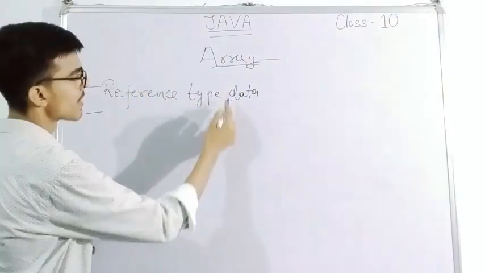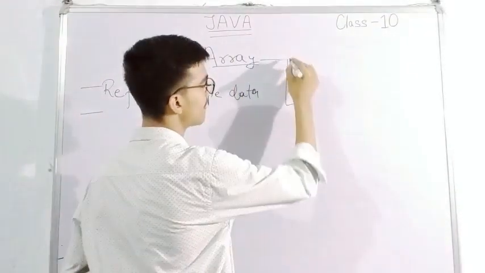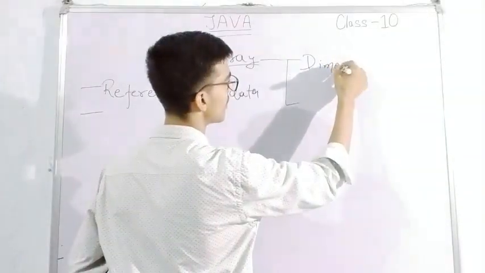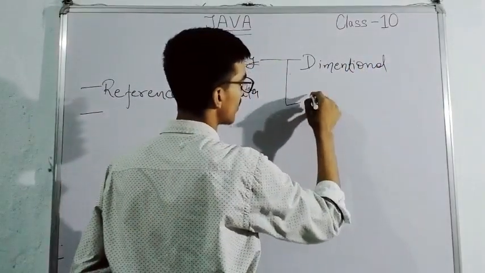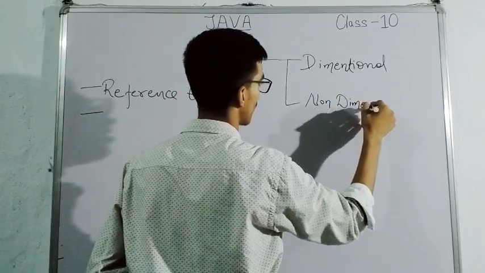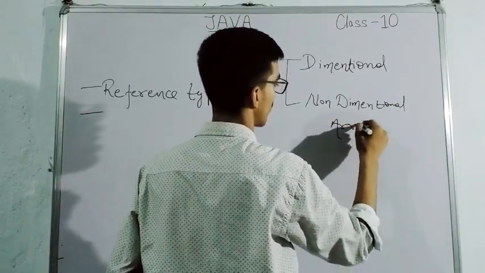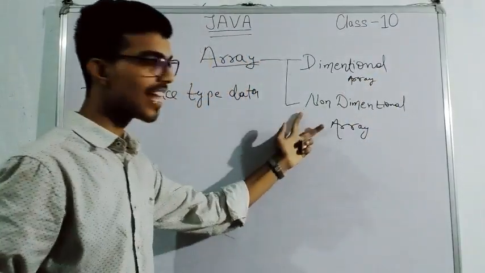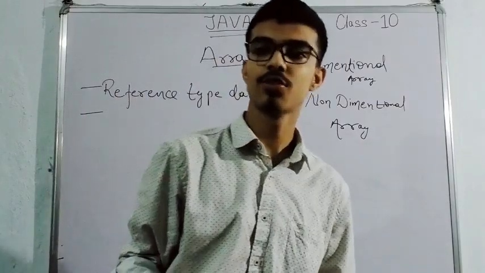After this, in this we have two types: dimensional array and non-dimensional array. So we'll know about these two.